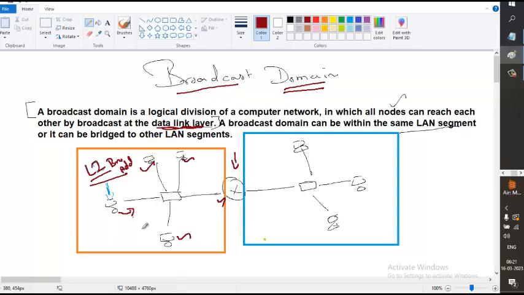The broadcast packet that is coming from here will not be allowed to pass through, because every port has got a broadcast controller. It will stop the broadcast there. Routers will not take the broadcast traffic of one broadcast domain and give it to another broadcast domain.